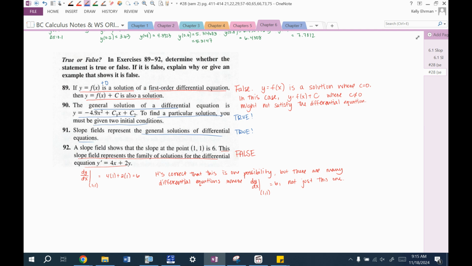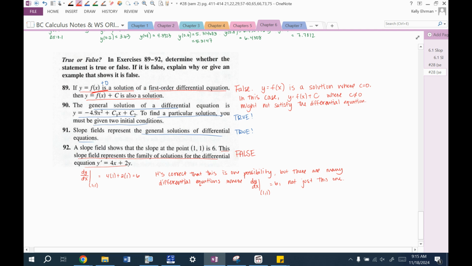I don't think I would have thought to use the example they used. I think it was like, what if y is equal to 3x squared or something, and they came up with a dy dx where that didn't work. But I just think in general, this is a particular solution because they assigned a c value of 0. So that means there are no other solutions. That is the solution.